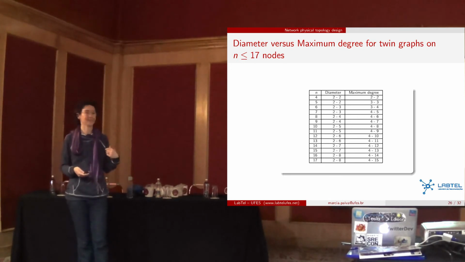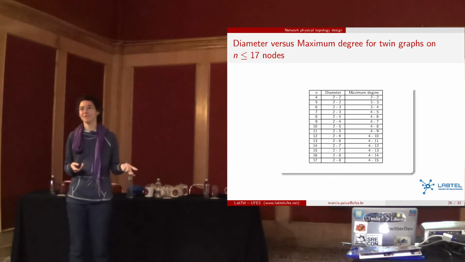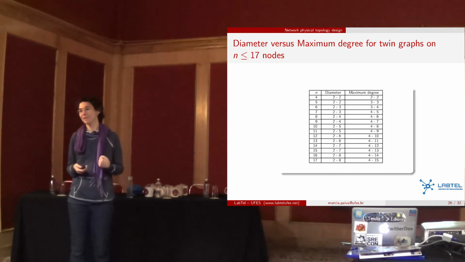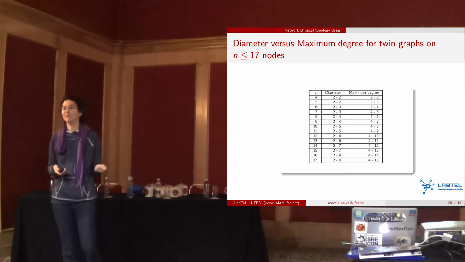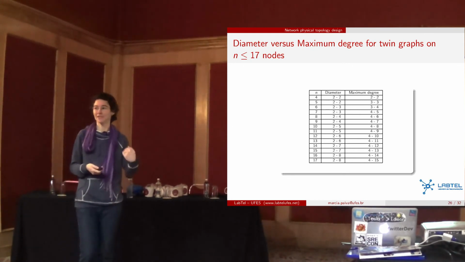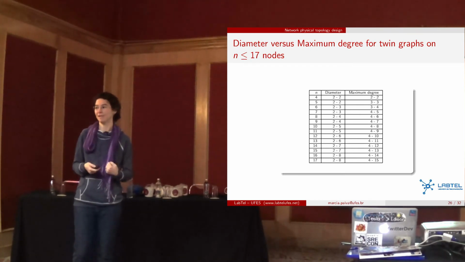So in this example, just the diameter was not enough for our requirements, so I could not ask AGX to give me the graph that has the smallest diameter possible. It doesn't work because I need the diameter after the failure. So we designed a new invariant to capture this behavior.